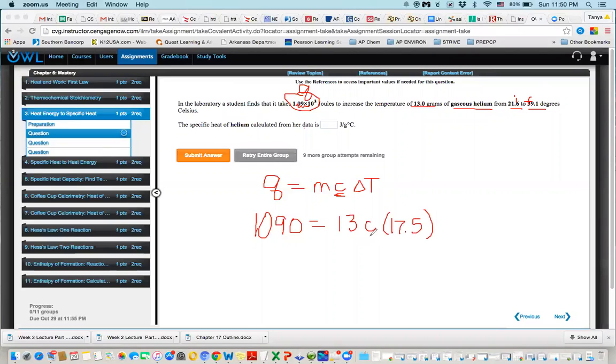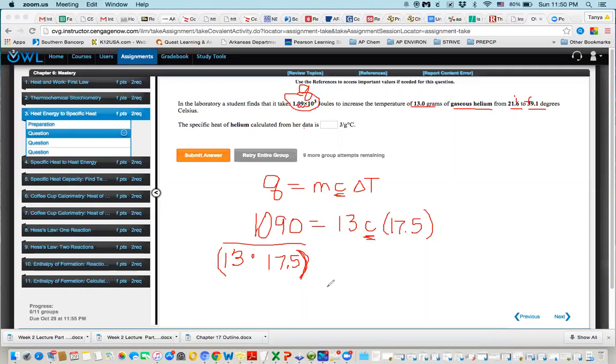And then we're just going to isolate C. Okay, so we'll take 1090 divided by 13 times 17.5. Make sure when you're doing this in your calculator, this is a common mistake, and hopefully you've gotten past this, but use parentheses if you're going to multiply those numbers in the denominator.